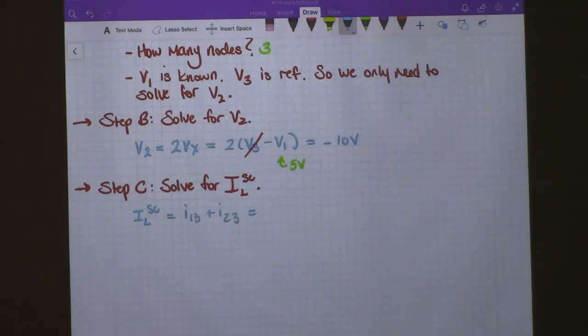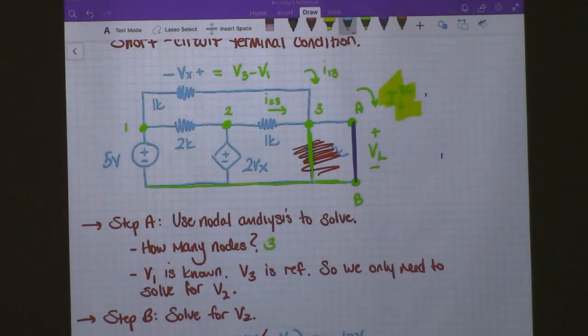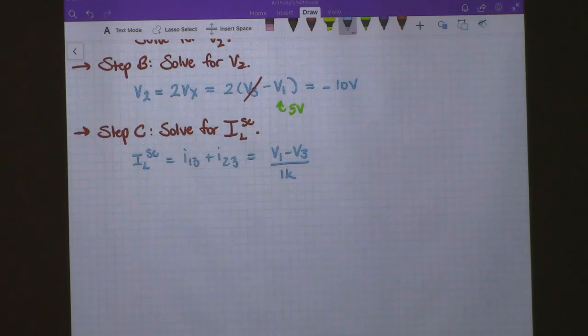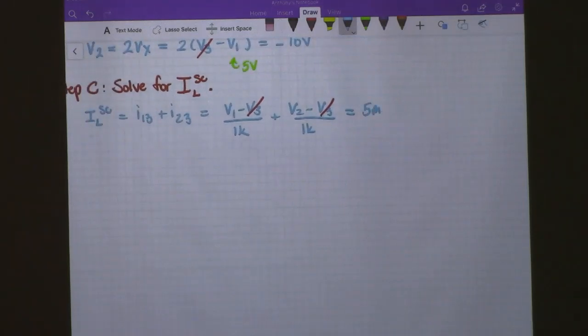I'll go ahead and substitute in for Ohm's law, so that will give me V1 minus V3 over, for I13 it's a 1 kilo ohm resistor, and then we have V2 minus V3 over another 1 kilo ohm resistor. Those go away, which leaves us with V1 over 1000 plus V2 over 1000, and so that's 5 milliamps minus 10 milliamps, which equals negative 5 milliamps.